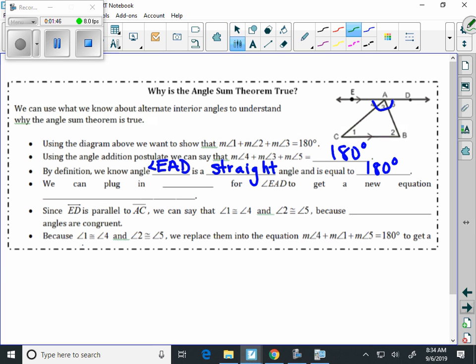So instead of writing 180 degrees, we can plug in the 180 degrees for angle EAD to get a new equation, which is going to be angle 4 plus angle 3 plus angle 5 equals 180 degrees.